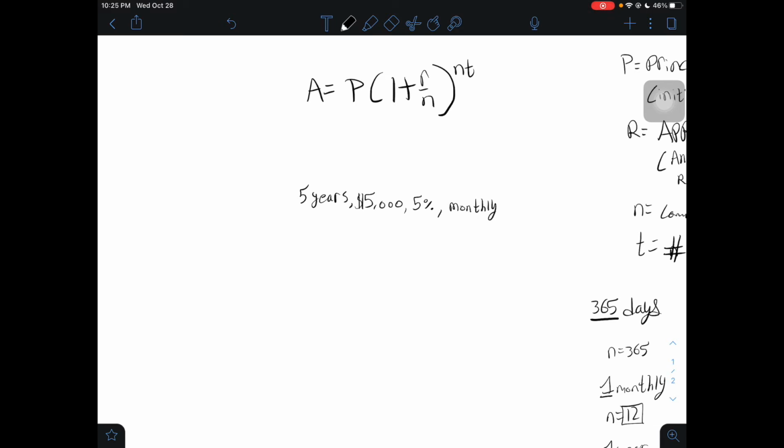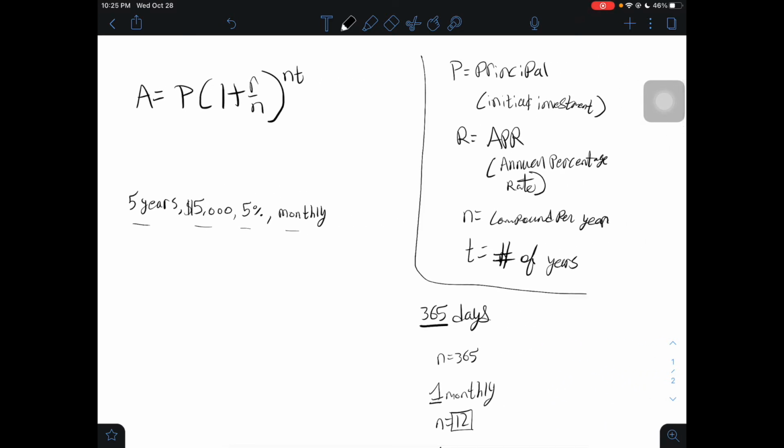First, we are going to associate each given quantity with its variable. Remember, if we look to our reference chart, T is equal to the number of years. So the number of years we're solving for is 5, so T equals 5 years.